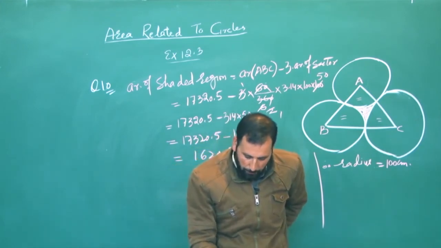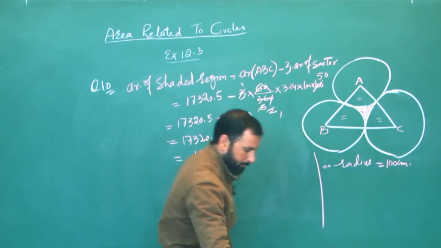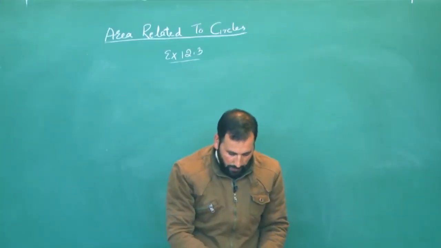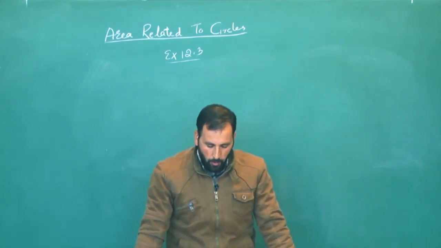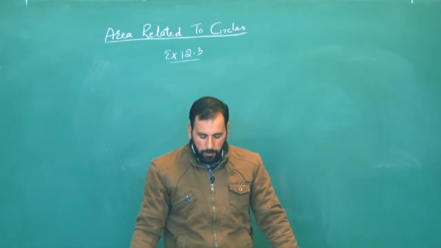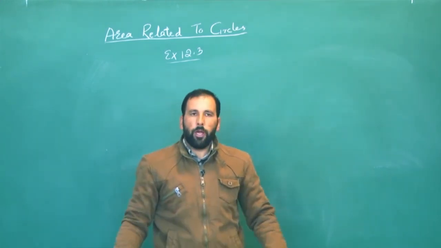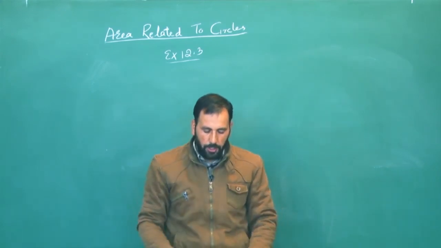Now, the next example is example number 13 of the same exercise. Example number 13: in a figure a square OABC is inscribed in a quadrant OPBQ. If OA equals 20 centimeter, find the area of the shaded region.